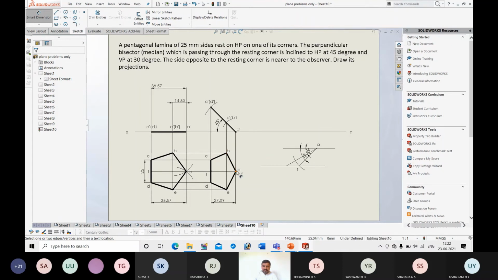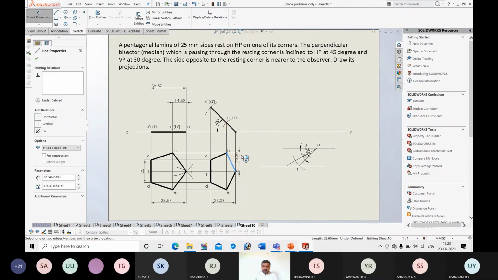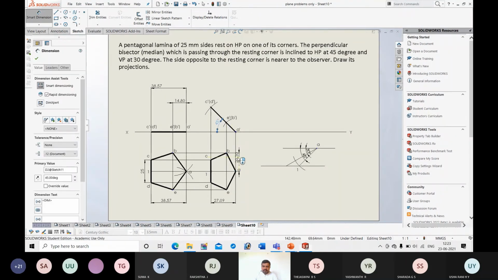First take the radial distance between A to B using compass. It will be 22.65.